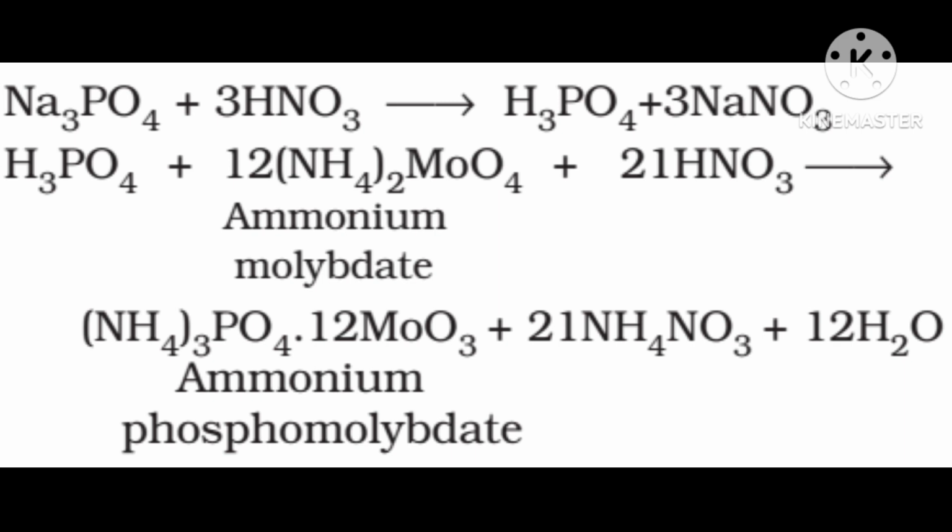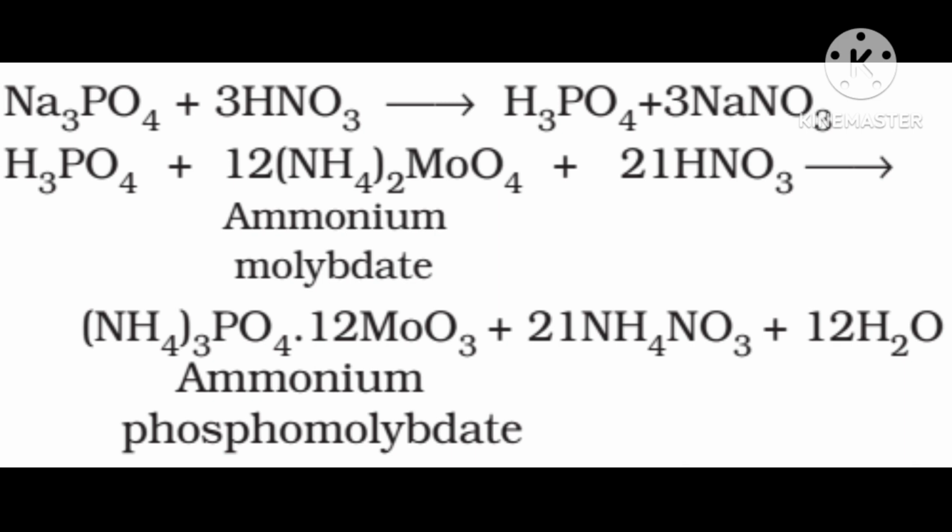This phosphoric acid will react in the presence of nitric acid and ammonium molybdate. That is, phosphoric acid plus ammonium molybdate plus nitric acid will give you ammonium phosphomolybdate. Its color is yellow.